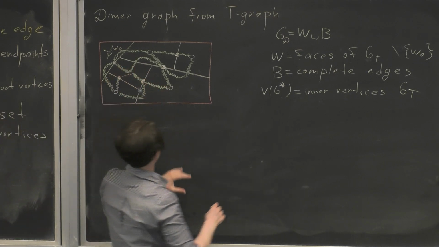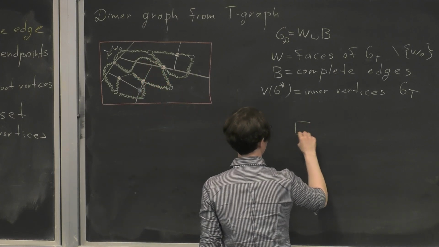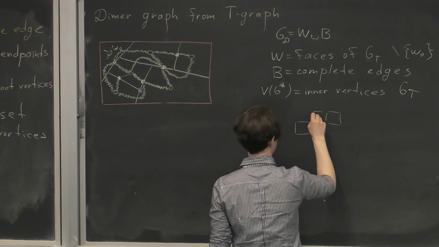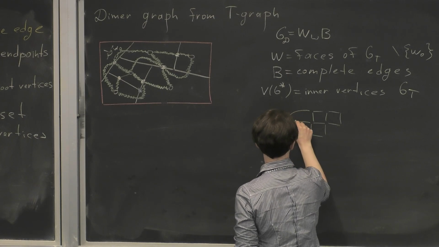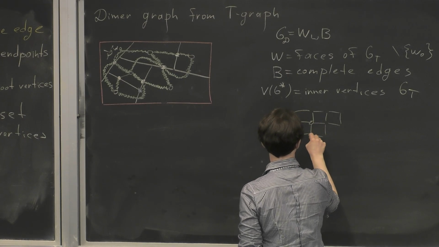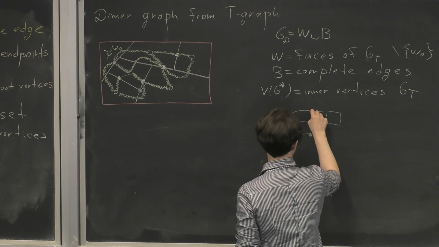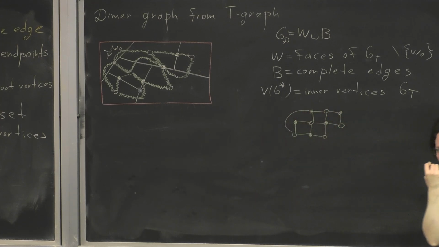All right, so let me maybe draw on the side what this bipartite graph is. We get just this bipartite graph starting from a T-graph.